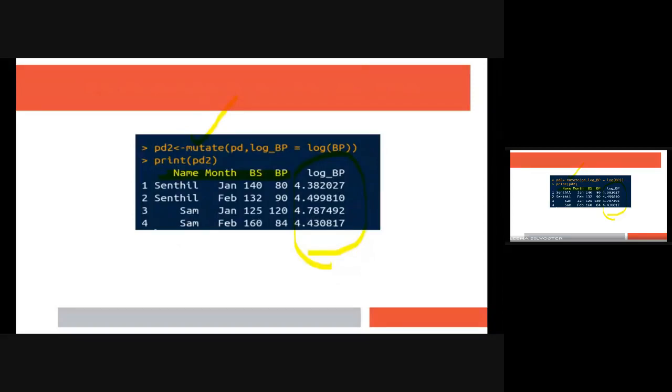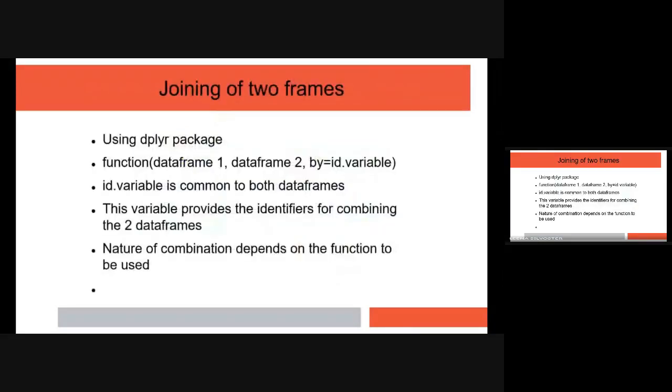Joining of two frames. Here also we need dplyr. If you get an error message while importing the library dplyr, it means that dplyr is not installed and you need to install the package. The syntax of joining two frames is like this.